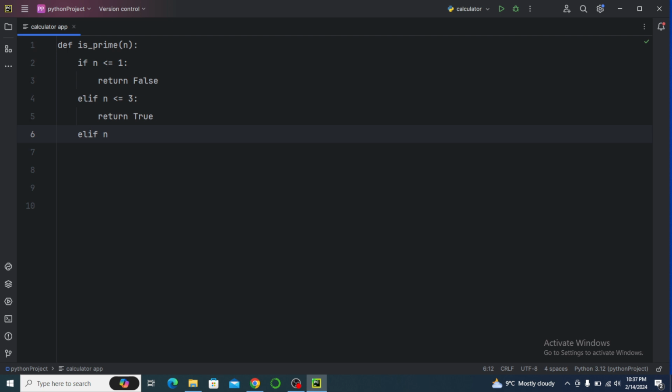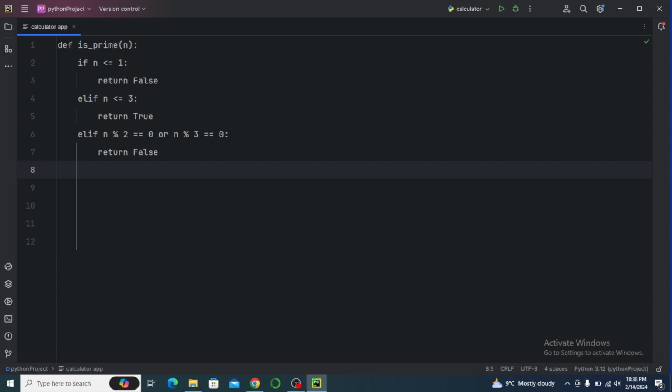I say n modulo by 2 or n modulo 3. So we told it to return what? False. Return false. Yes. So that's settled. What else again?